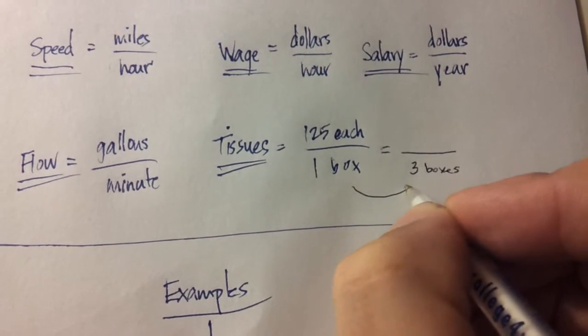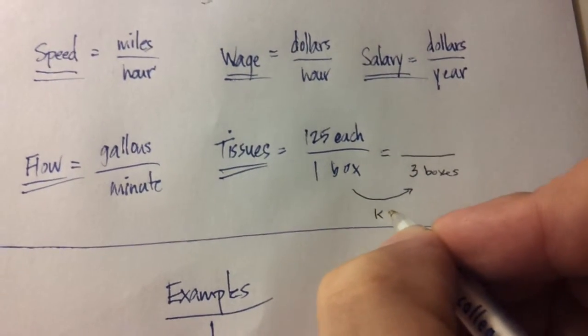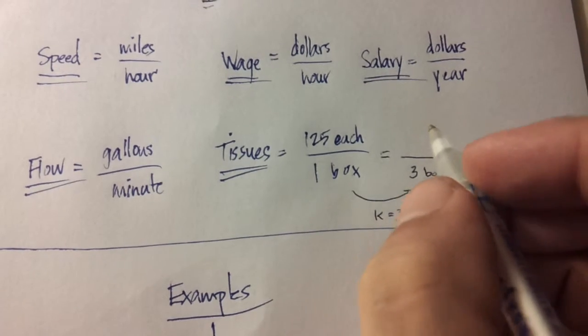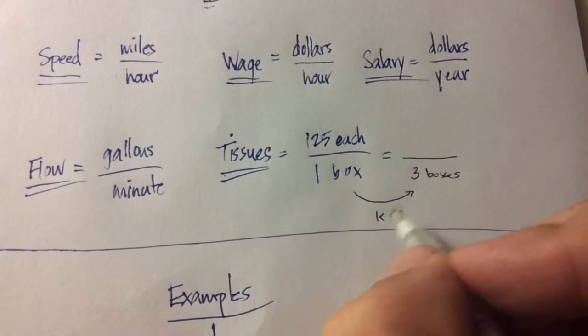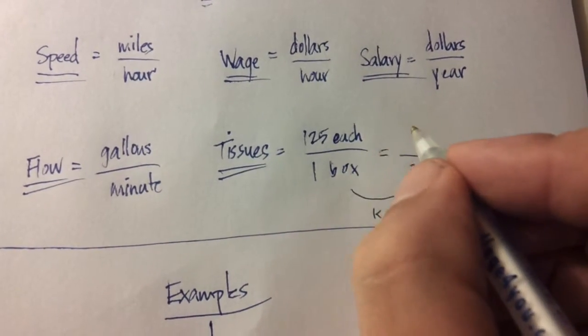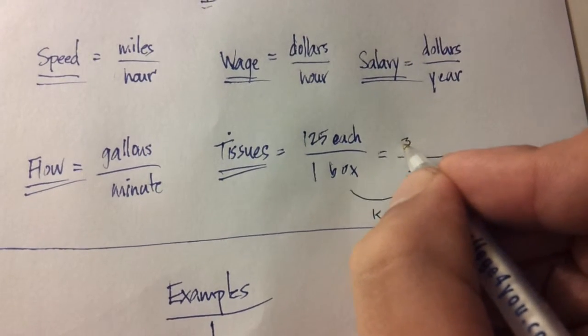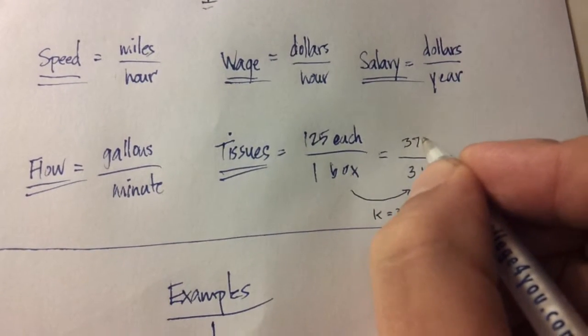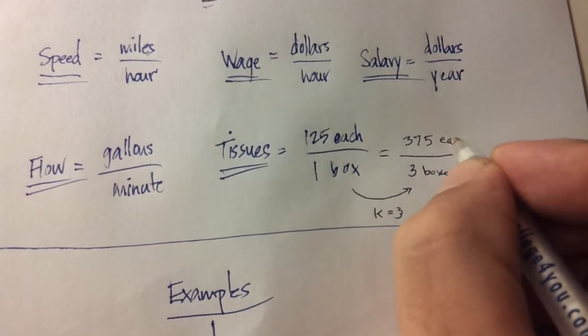All you do is scale this up by a scale factor, k equals 3. So you'd say 1 times 3 is 3, 125 times 3 is 375 each.